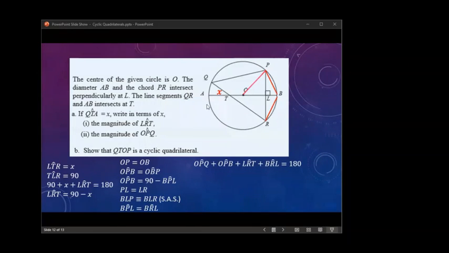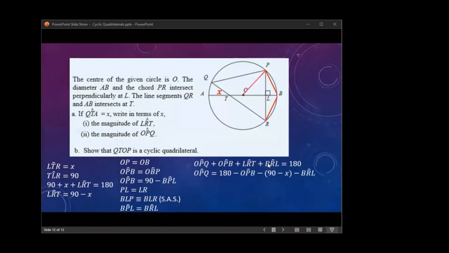Then you can write OPQ plus OPB plus LRT plus LRB is equal to 180, because BPQR is a cyclic quadrilateral and two opposite angles should be supplementary. So we have written that.